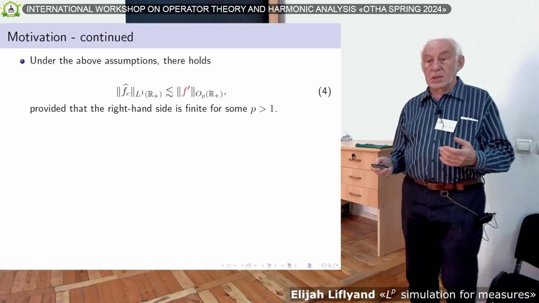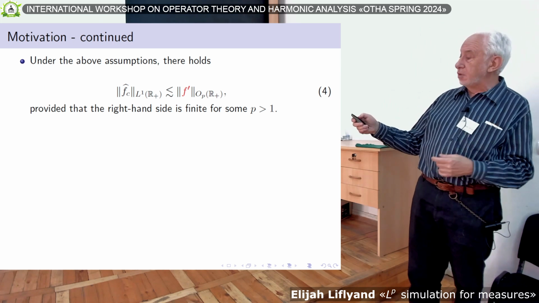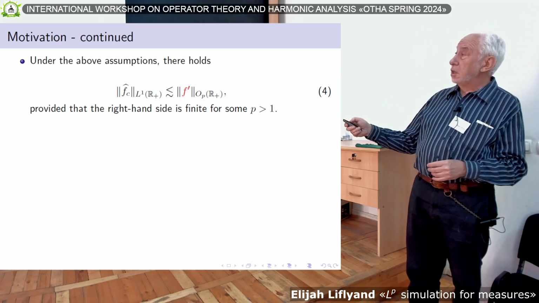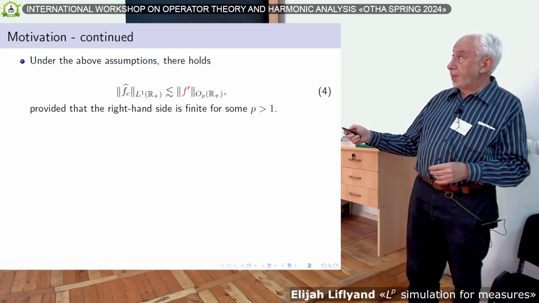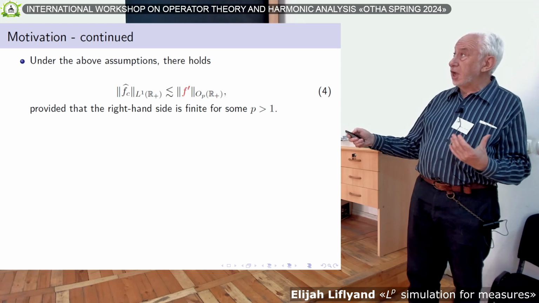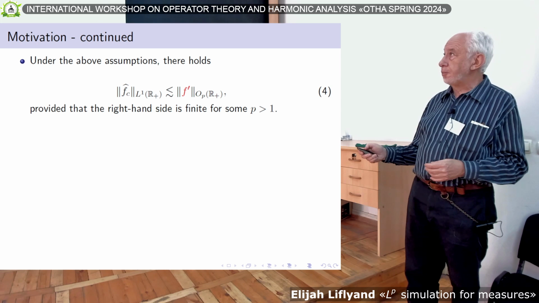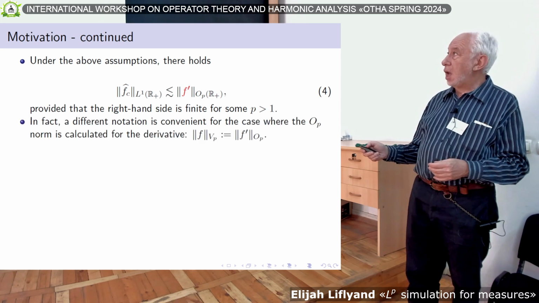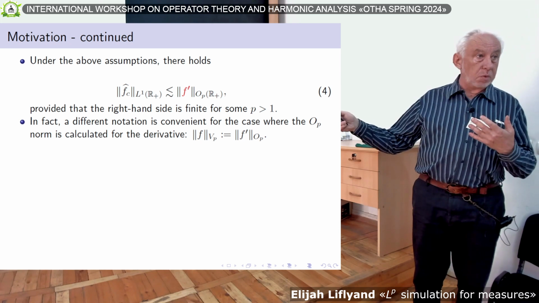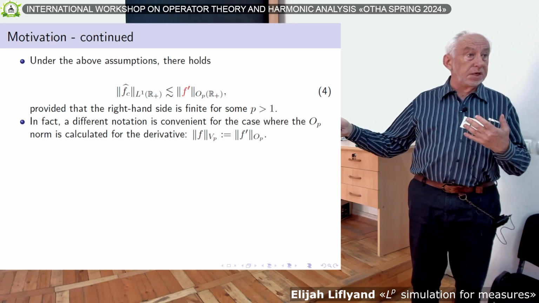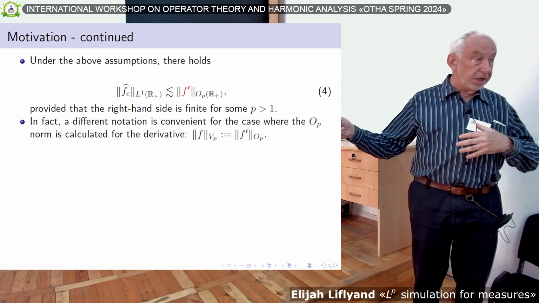From these embeddings, we immediately get an analog of the previous results for narrower classes. We can control the Fourier transform.